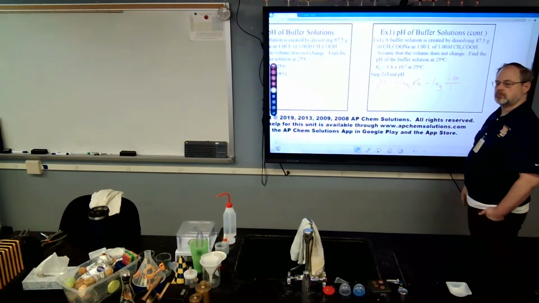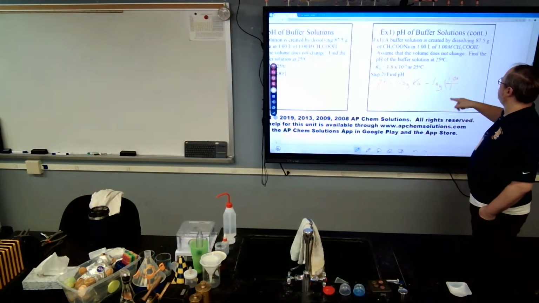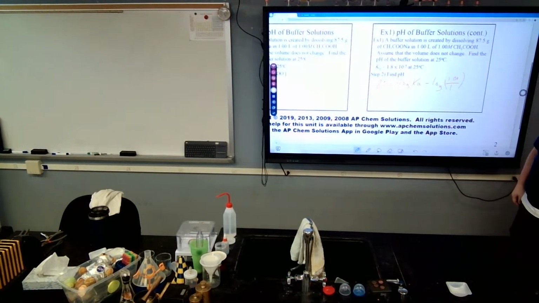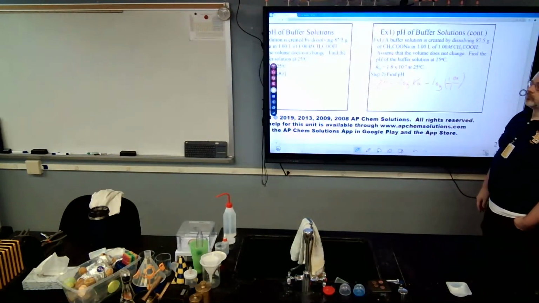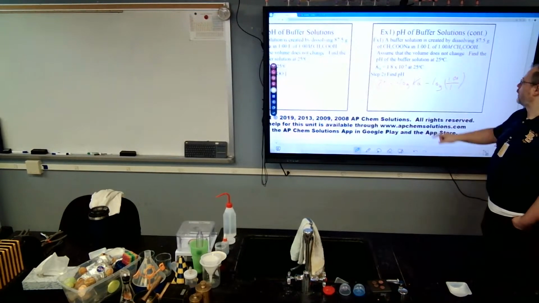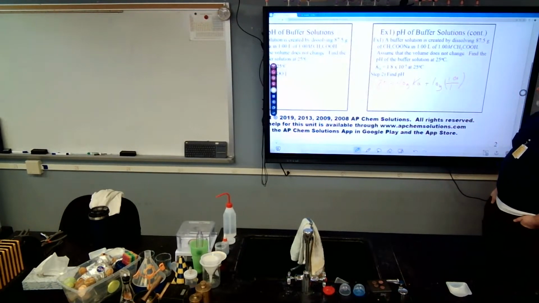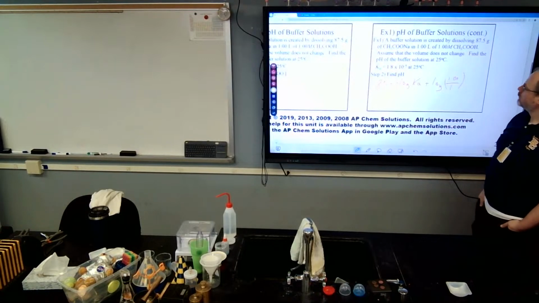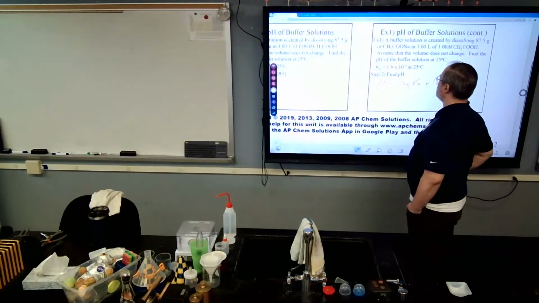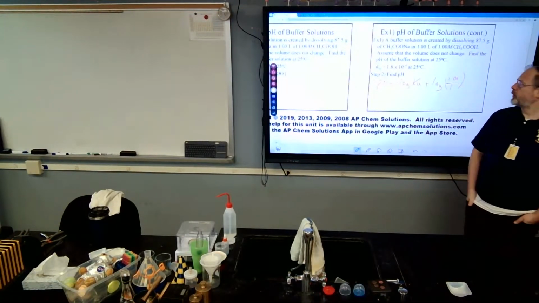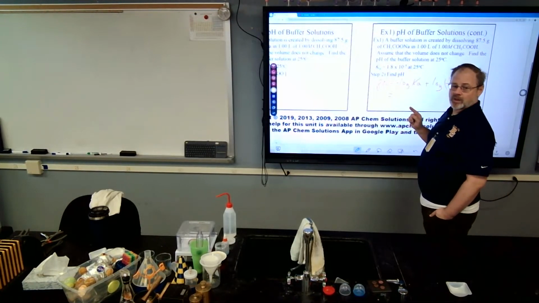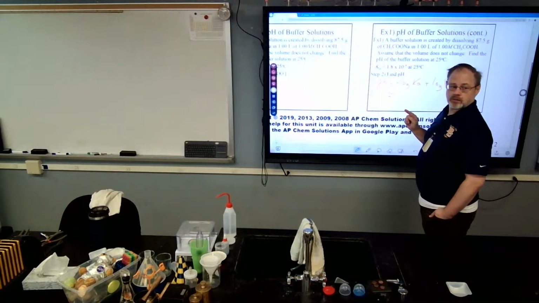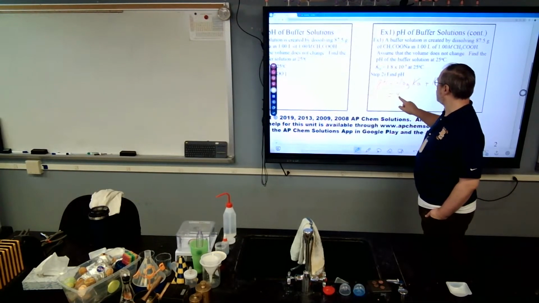So it's going to be 1 mole in 1 liter, so it's going to be 1 over 1, plus 0. So the negative logarithm of Ka of 1.8 times 10 to the negative 5 is... 4.74? I got 4.7.